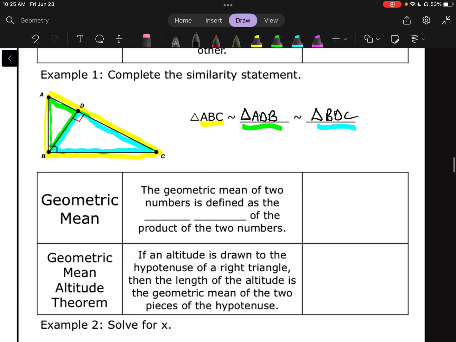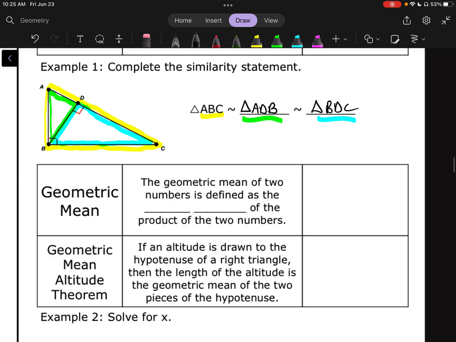All right. Now, some cool things happen when we've got some similar right triangles. Before we start taking a look at those, first, let's talk about this term geometric mean. The geometric mean of two numbers is defined as the square root of the product of the two numbers. So let's say we've got two numbers, 4 and 9.